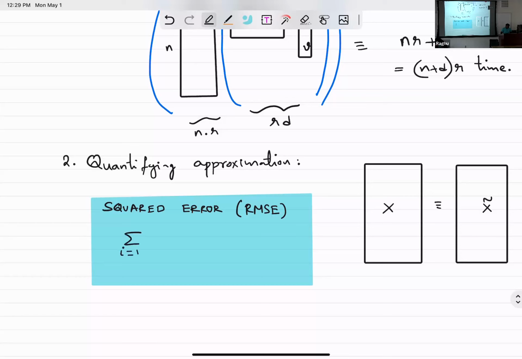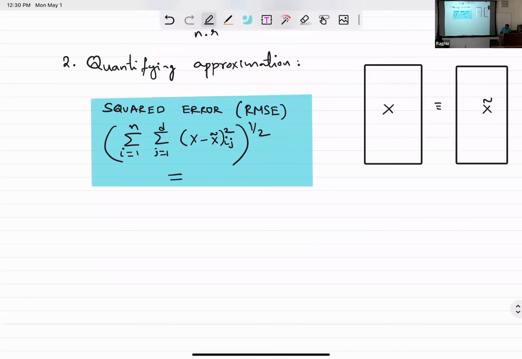It basically says, look at all the entries. For every entry, look at the corresponding entry. What's the error there? And then you take the square root so that everything is up to scale. This is important enough that it has a name. It's called the Frobenius norm of a matrix.